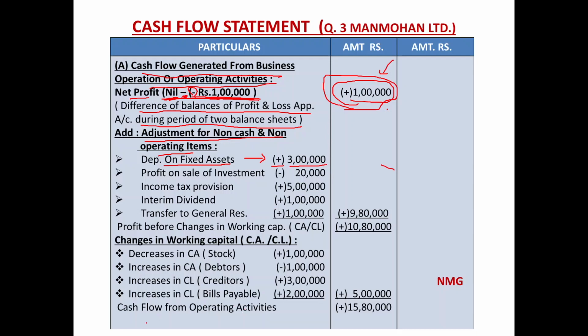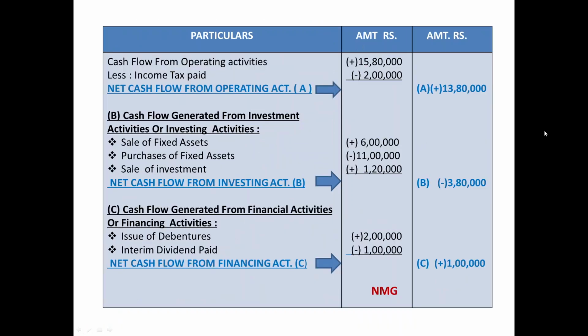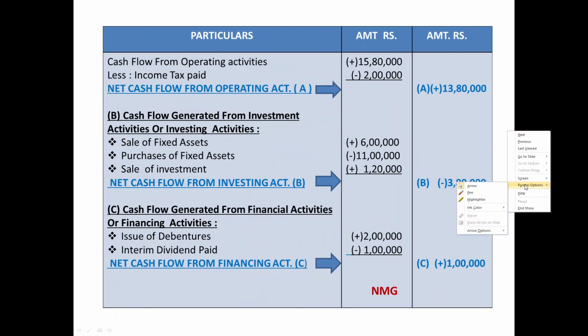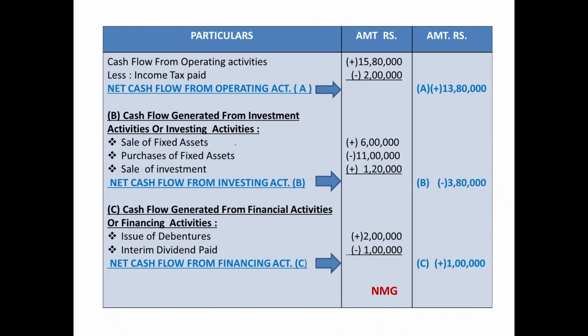Now investing activities. Let us report it. Have a look. Title B. Cash flow generated from investment activities or investing activities. Sale of fixed assets rupees 6 lakh.